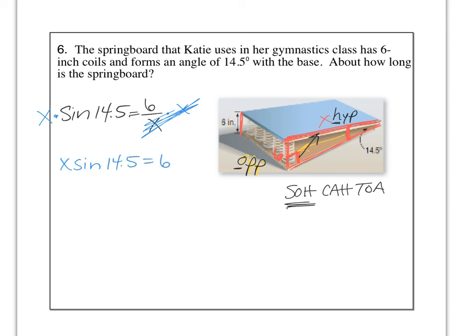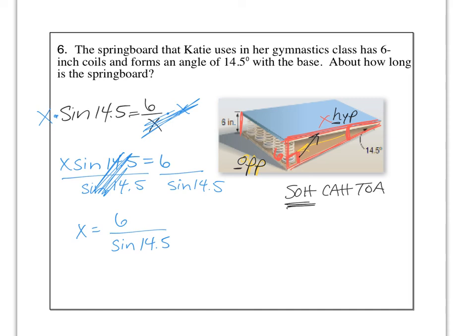Remember, we're trying to solve it for x. So right now it's x times sine 14.5. So to get rid of that, you're going to have to divide by sine 14.5. Okay, so then these cancel. So we have x equals 6 divided by sine 14.5. And this is where you can grab your calculators.